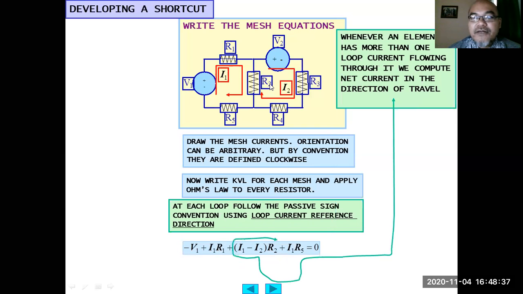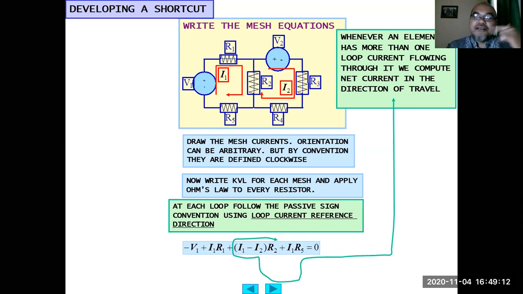Whenever an element is shared by two loops, like R2, where two loop currents I1 and I2 flow in opposite directions, you have to express this in the Kirchhoff voltage law. Whenever an element has more than one loop current flowing through it, we compute the net current in the direction of travel. The direction of travel is from top to bottom, so I1 minus I2, because I2 flows from bottom to top.